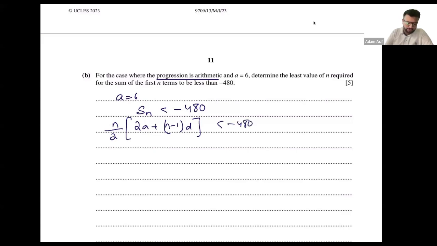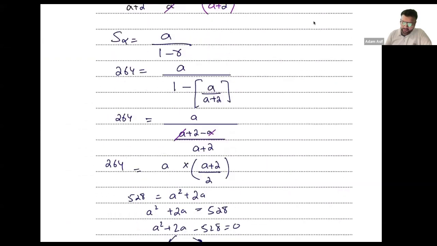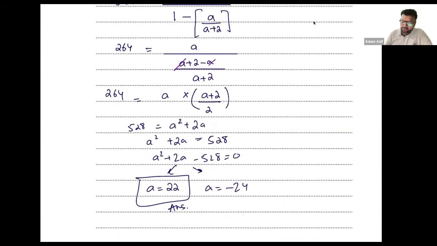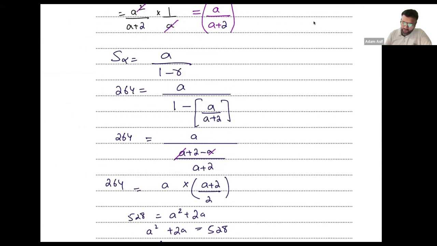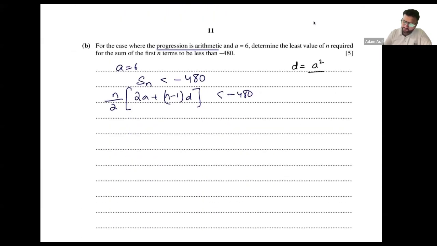To find the common difference, the first term is a and the second term was a squared upon a plus 2. So to find the common difference, this is what we are going to do. D is the second term, a squared upon a plus 2, minus a. And the a value is taken to be 6.